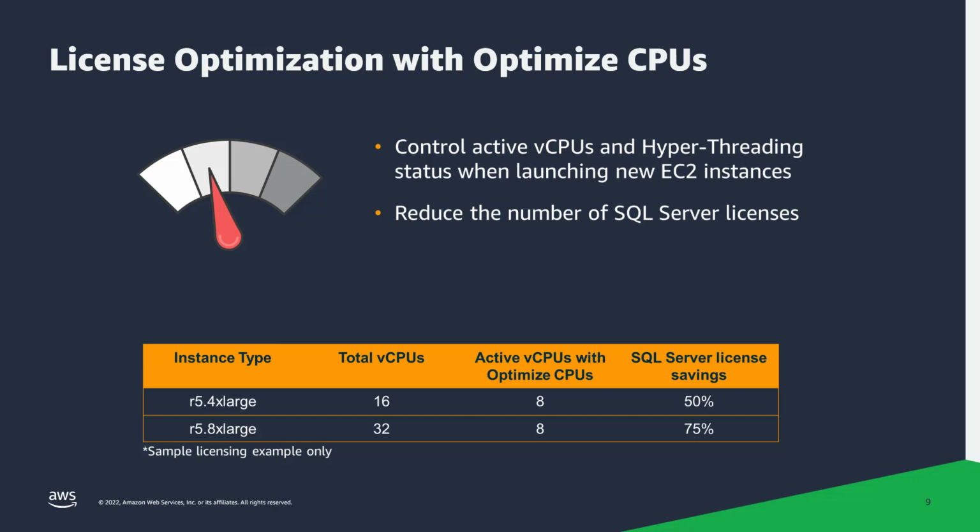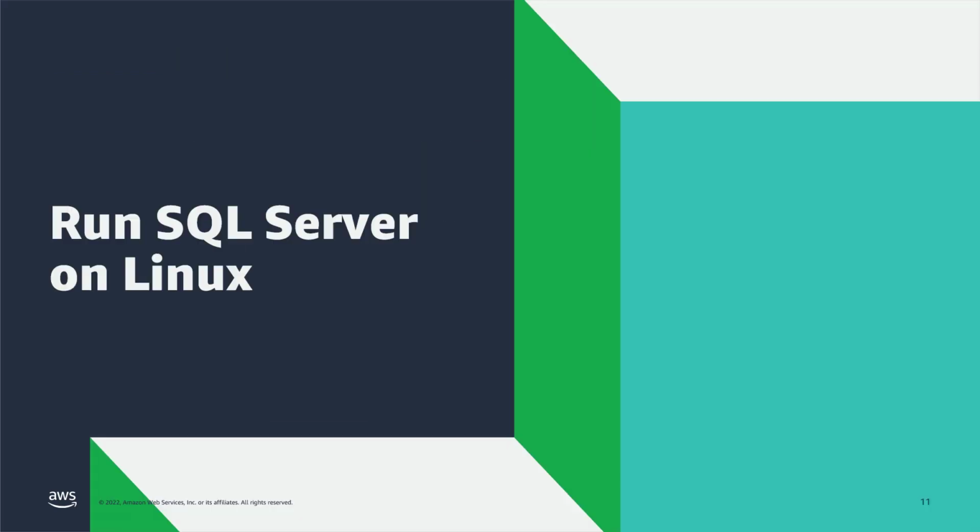For SQL Server workloads specifically, customers can reduce their licensing costs by choosing active vCPUs. For example, an R5 8X instance has 32 vCPUs by default. But if you want to use 8 vCPUs only, you can choose vCPU count of 8 when you start the instance and save licensing costs by 75%.